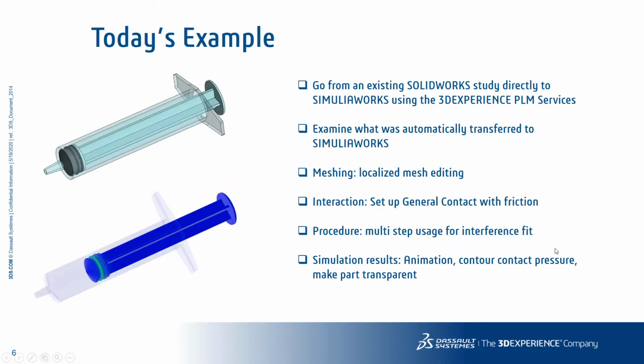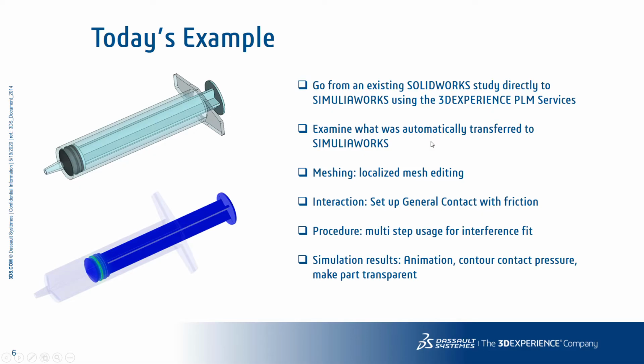To take a look at how to transfer your simulation models from SOLIDWORKS simulation to SIMULIAworks, we'll take a look at today's example. And while we run through this example, we will see not only how to transfer SOLIDWORKS simulation studies directly to SIMULIAworks through the 3D Experience PLM Services.